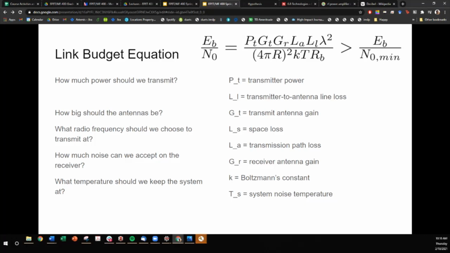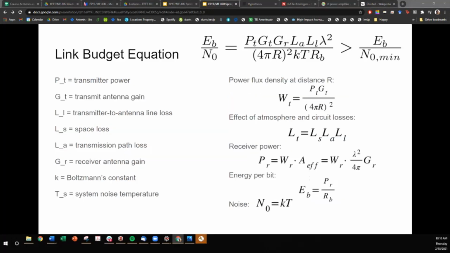Okay, so let's dig further into maybe some of the math. So we're talking about the transmitter power and the gain of the antenna. With these two variables, you can get something called the power flux density, which is WT, and that's the power at distance R. This is the power of the signal you would experience at some distance away.